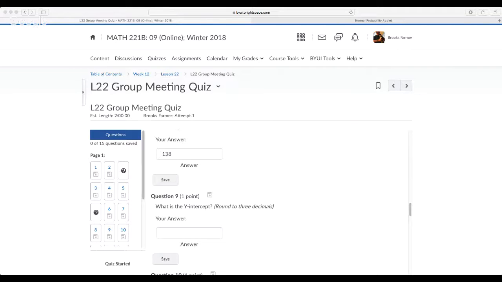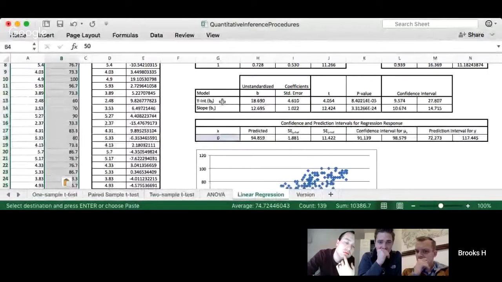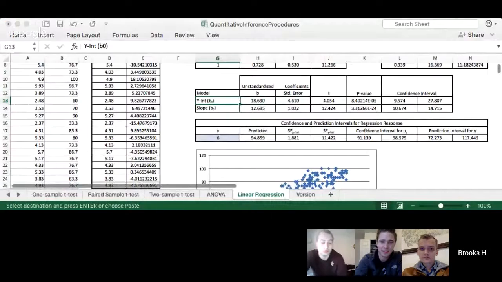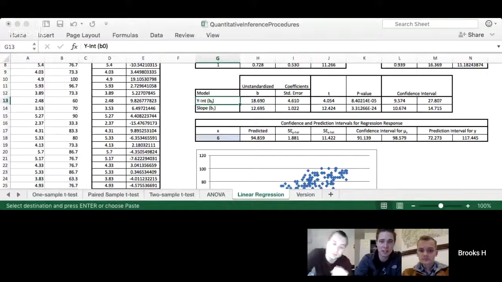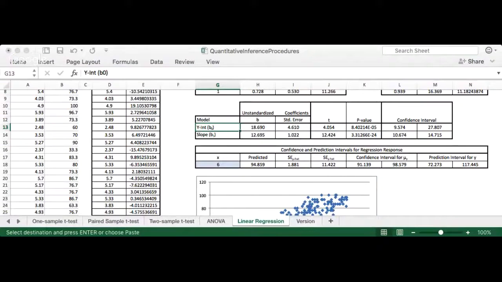Wait, where at? I'll share screen it. You're seeing it right here? Yeah. So is it the unstandardized one? 690?